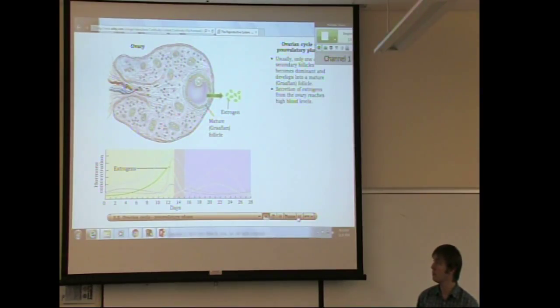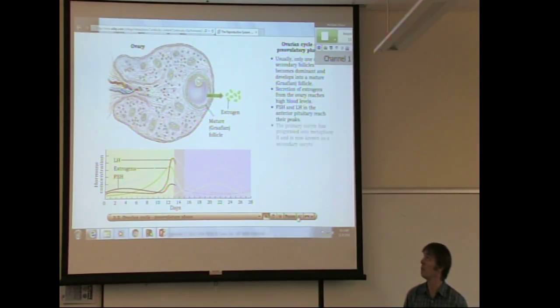The mature follicle continues to secrete estrogen, and estrogen blood levels peak. Luteinizing and follicle-stimulating hormones reach their peak. The primary oocyte has progressed through meiosis I and has begun meiosis II, stopping at metaphase II. It is now known as a secondary oocyte.